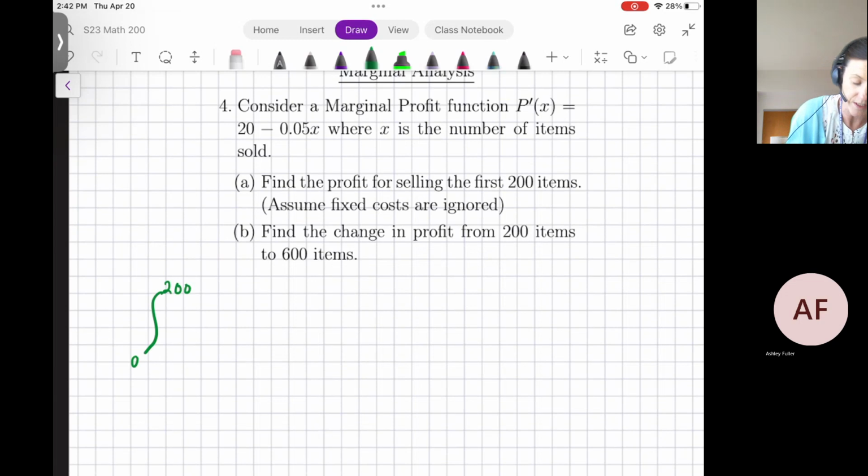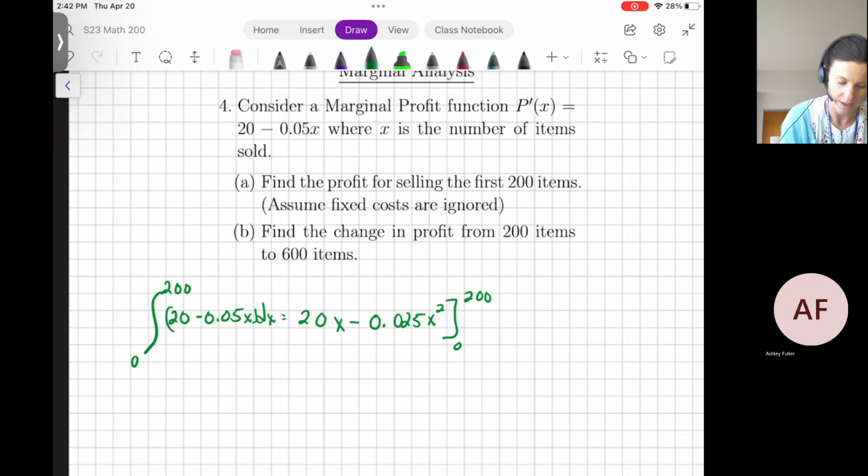take the integral from 0 to 200 of that function, 20 minus 0.05x dx. And when we integrate that, we get 20x minus 0.025x squared. And we're going to evaluate that from 0 to 200.